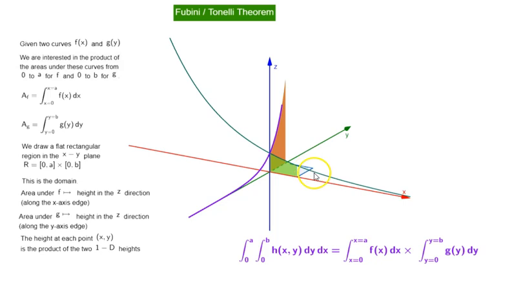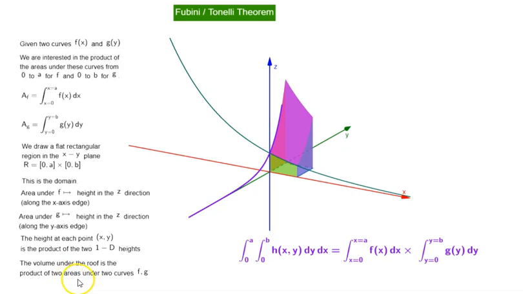Now let's complete this figure. So what we are going to do is draw the remaining walls and we are going to draw the roof over the rectangle. So here the volume under the roof is a product of two areas under two curves f and g.